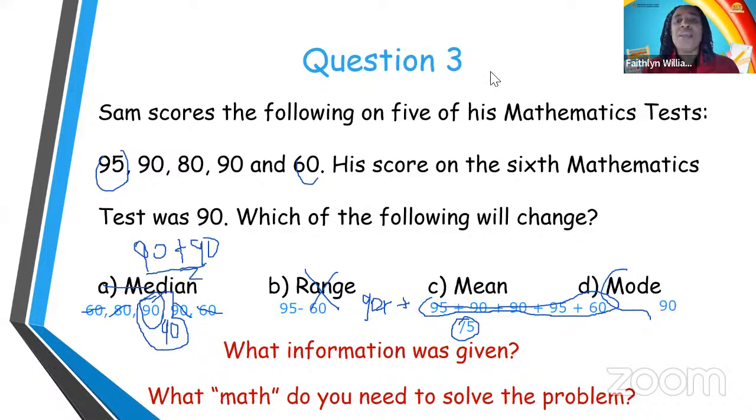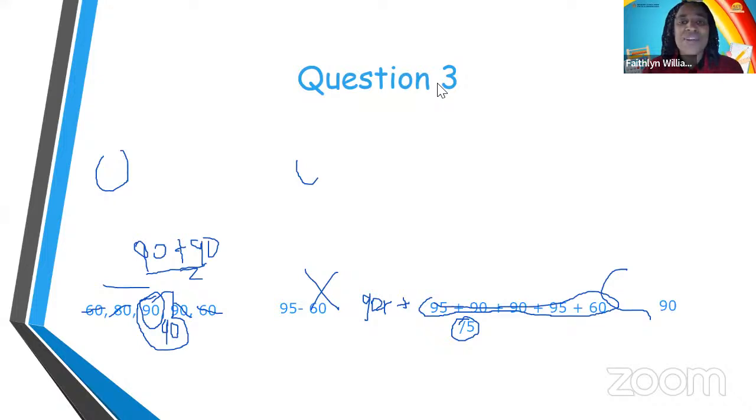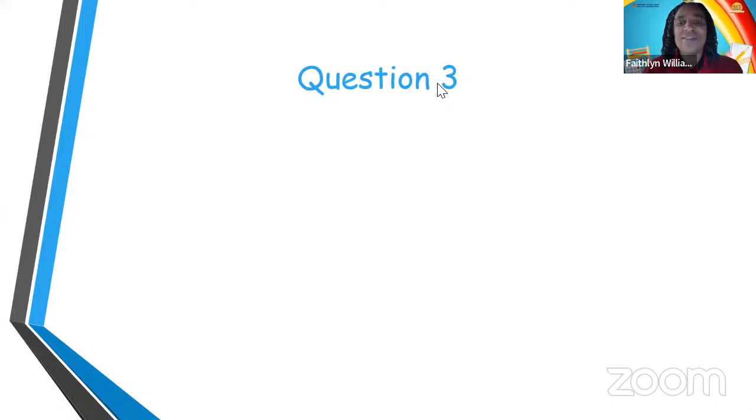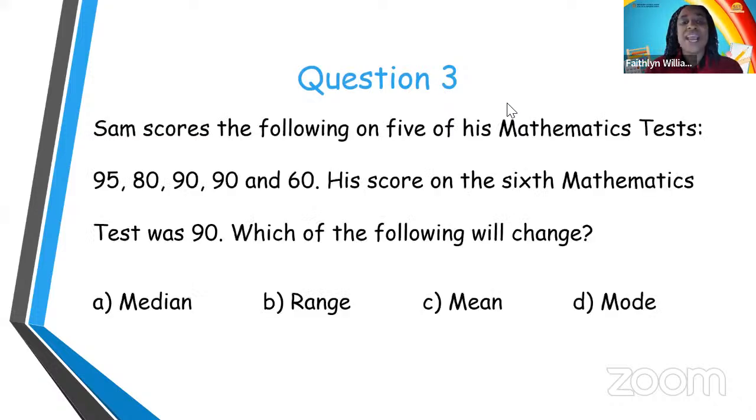So you must pay attention to all the information that is being given so that you can use them, and reason quantitatively in helping you through the process of arriving at your answer. So from that, we are seeing that the mean is the one that will change.